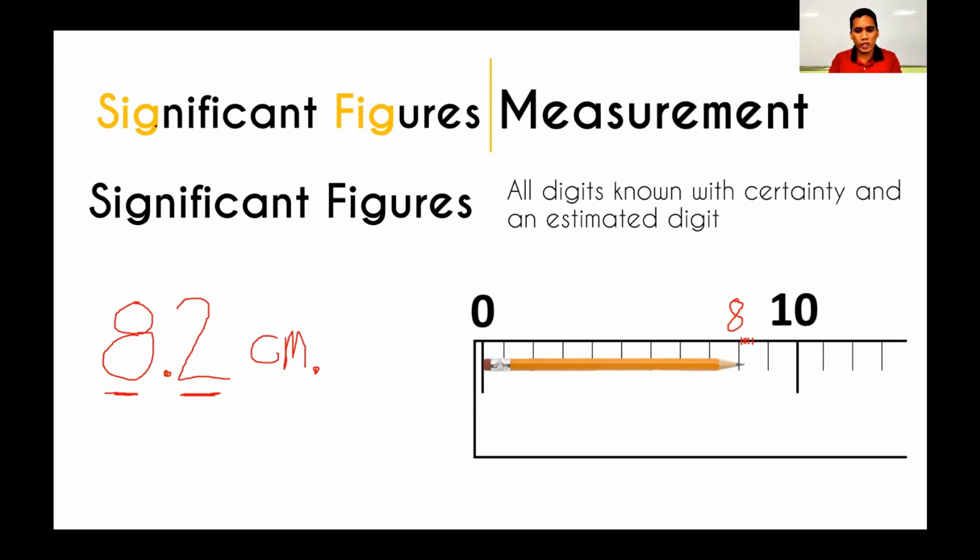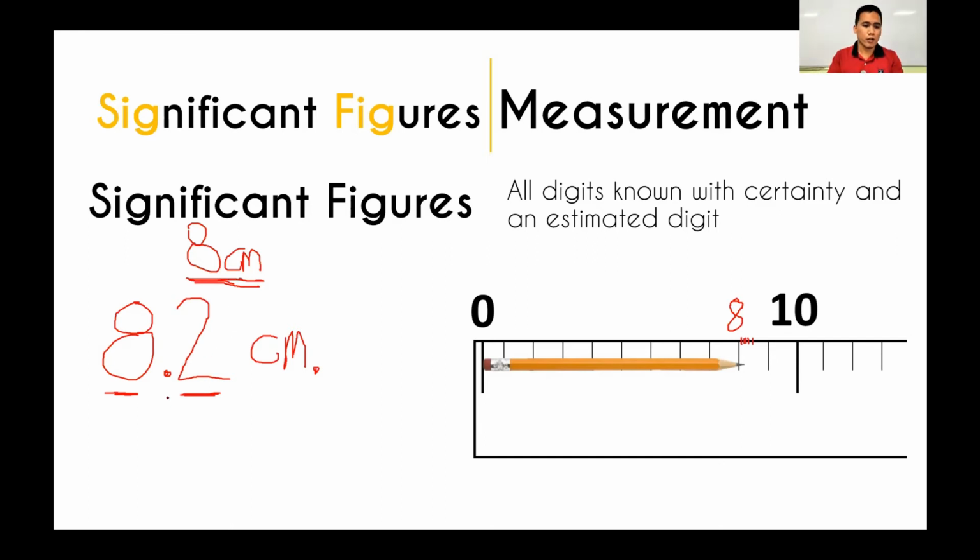Sir, what if siya lang isa, sir? For example, 8 centimeter. You said that the estimated digit is the last digit of your measurement, so how about if siya lang isa? If siya lang isa, then we can say na siya po ang last na digit of your measurement. So we can assume that this measurement is an estimated digit.